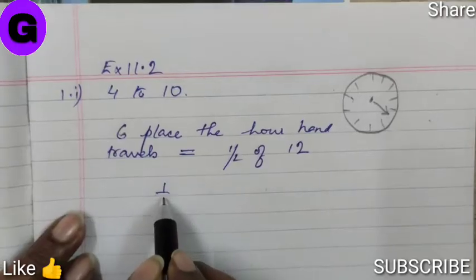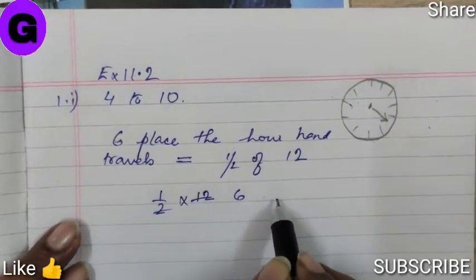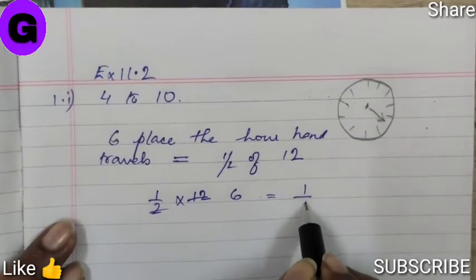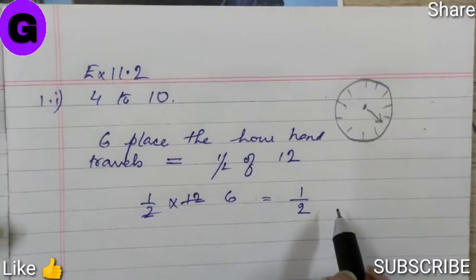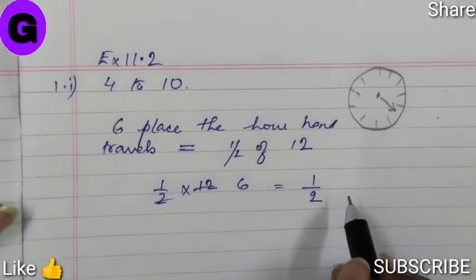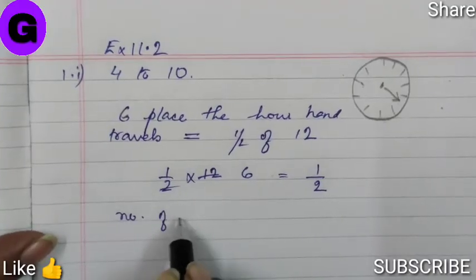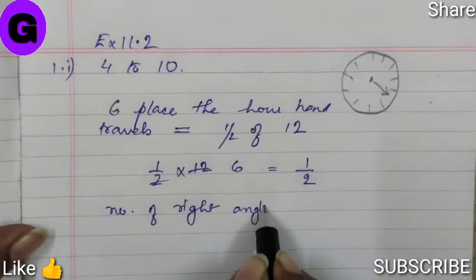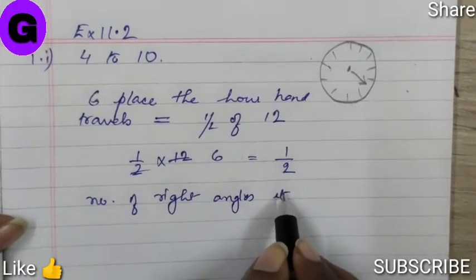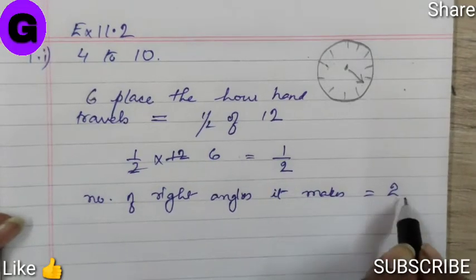So half of 12 is 6. That means the fraction is half. And now we have to find the number of right angles turned in each case. So the number of right angles it makes is equal to 2.